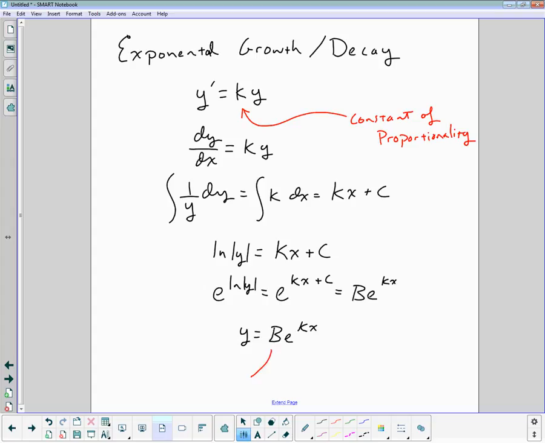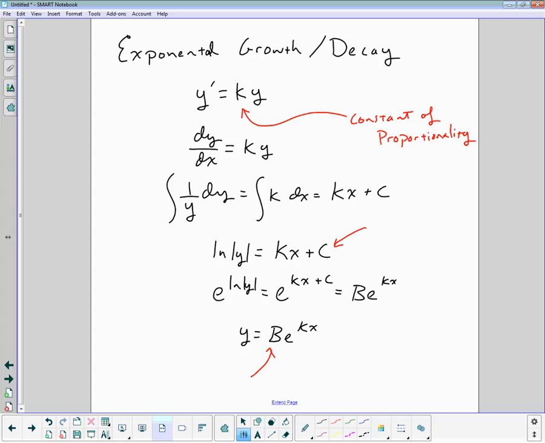We have this. Now, that b term came from this constant. So let's think about this for a second. We have some constant times an amount plus another constant.